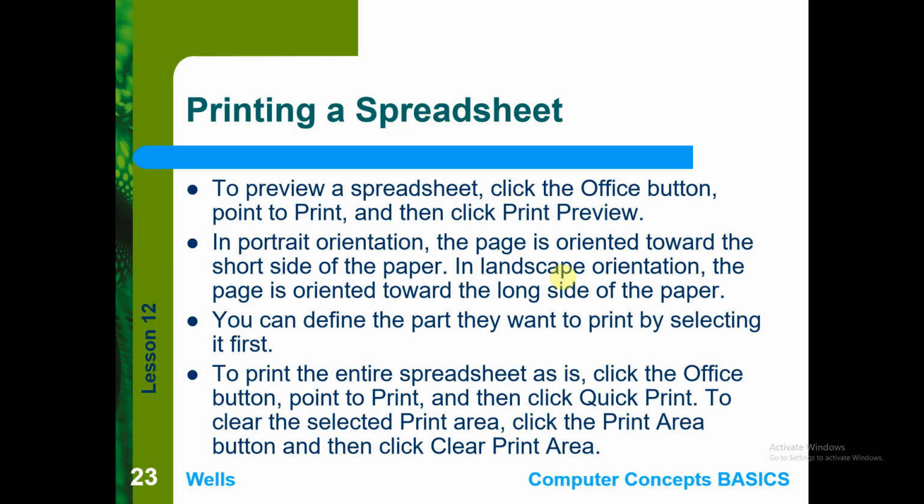Then define the part where you want to print by selecting it as an active sheet or cell. Then make sure you have a print preview, where there is also a print area button.